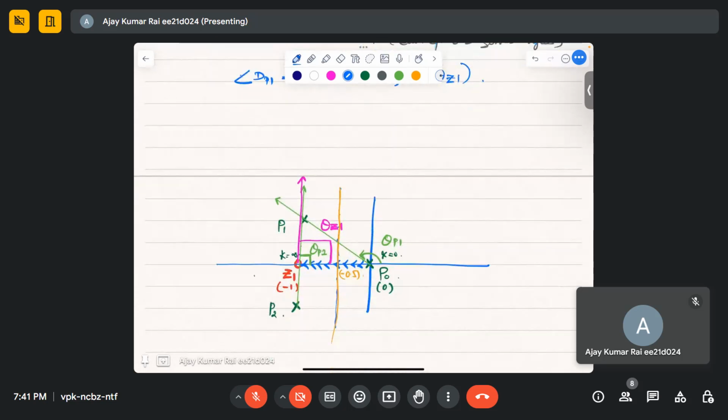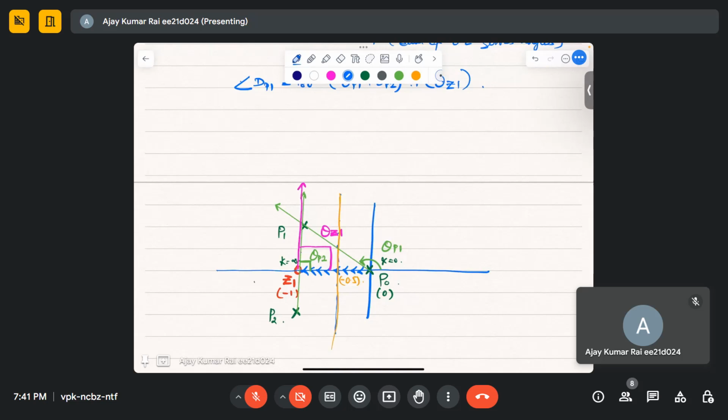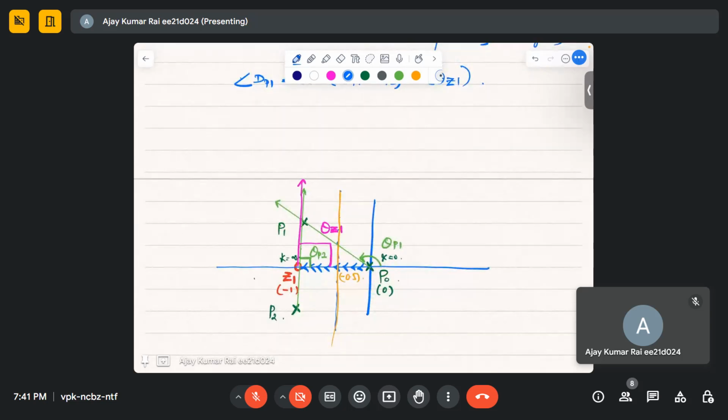So what is that? You know, theta P1 is what? 90 degree plus this angle. 135 degrees, sir. Yeah. So if you calculate, this is 1, this is also 1.